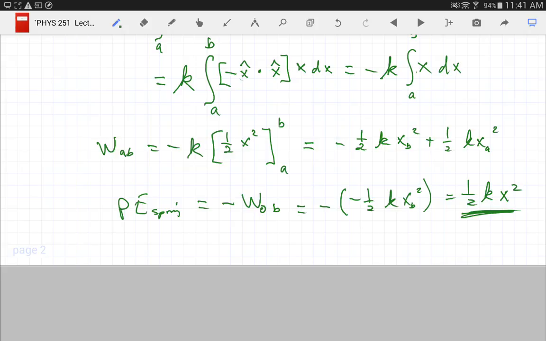So the potential energy stored by the spring is a measurement of how much work I had to do to stretch it, and thus how much it will be able to return if I let go and let the spring snap back. So the spring, we say, stores energy, and we call that storing of energy potential energy.